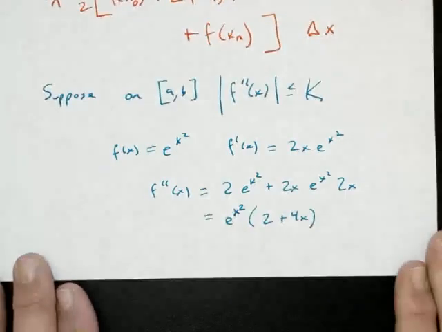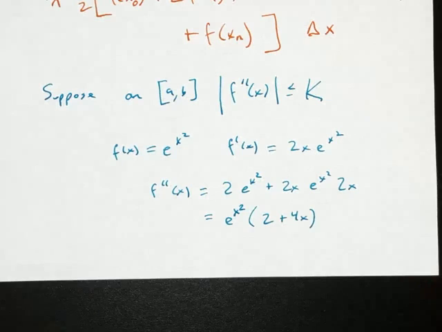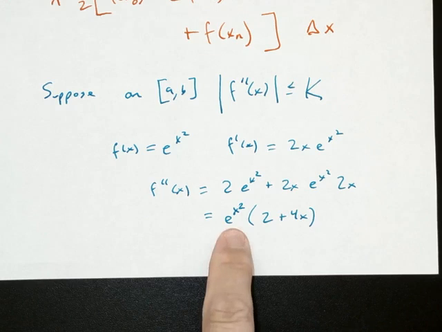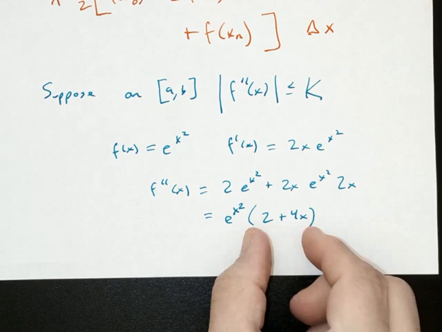Now, Jacob, our function was increasing, right? e to the x squared gets bigger as we go to the right. So between 1 and 3, I would expect this to be its biggest possible value at 3. What about this piece?